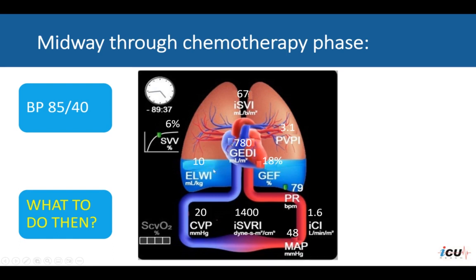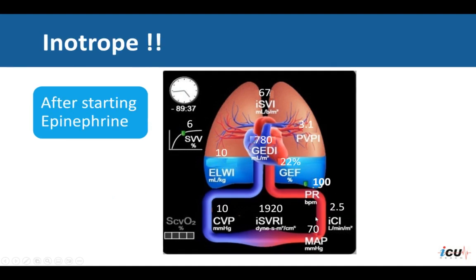So what you're going to do for this patient with decreased contractility, clearly this patient would need an inotrope. So you started the patient on epinephrine. Why did you not start the patient on dobutamine? Well, with dobutamine, we're going to worsen his systemic vascular resistance, and we may cause further decrease in the mean arterial pressure.